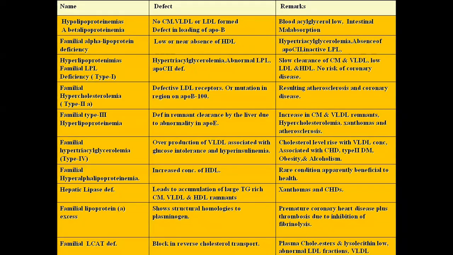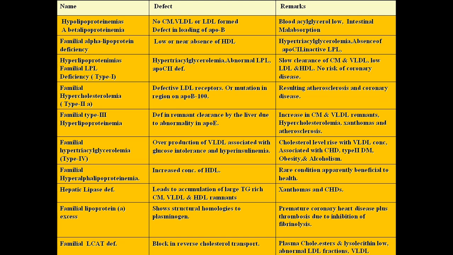LDL receptors are defective in familial hypercholesterolemia type 2A, either homozygously or heterozygously. In the homozygous case, 100% of LDL receptors become non-functional, while in the heterozygous condition 50% remain functional and 50% are non-functional, and mutation is seen in the region of ApoB100, resulting in atherosclerosis and coronary disease.